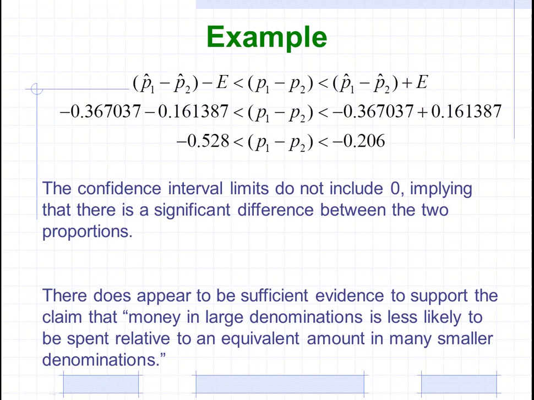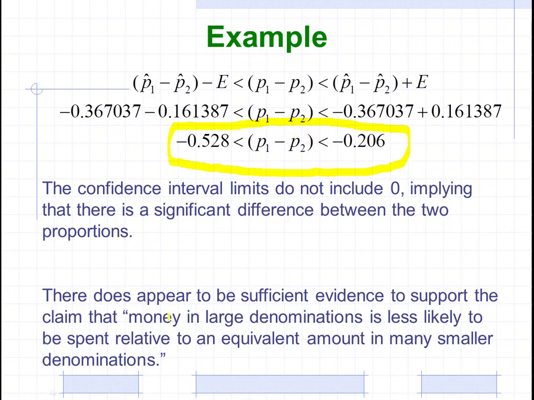So here we go, and I'm just going to use this one because to me it is more concise. Now notice 0 is not in there. So this tells us that the two sample proportions are not the same and they're negative. So that does indicate that the proportion of people who spent their money in the dollar bill group is probably less than the proportion of the people in the 4 quarters group.